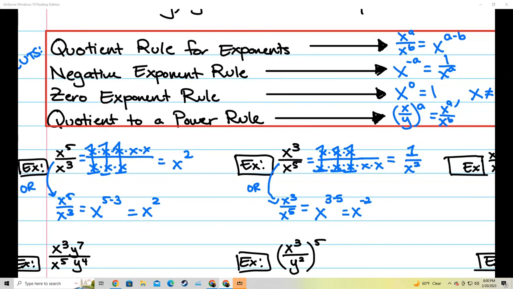If the problem is not done, we don't use negative exponents. So what we're going to do is move it. And I said that this is technically x to the negative 2 over 1. To get rid of a negative exponent, you just move that thing to the other side. So right now, because it's on the top, I'm going to move it to the bottom. But in doing so, I get rid of the negative exponent. So now I get the x squared on the bottom, and you leave it with a 1 on top. Okay, and again, as you notice, the answer is going to be exactly the same.